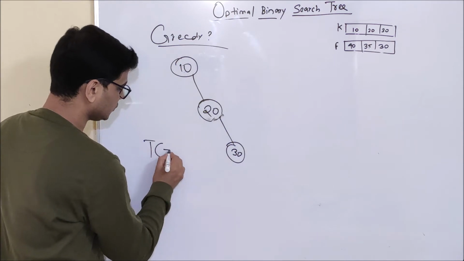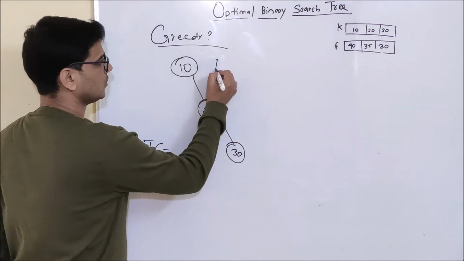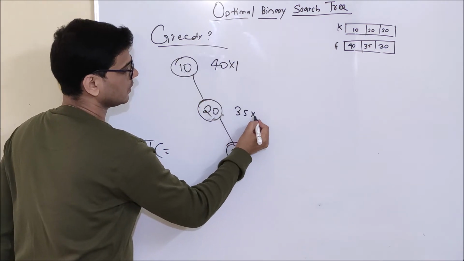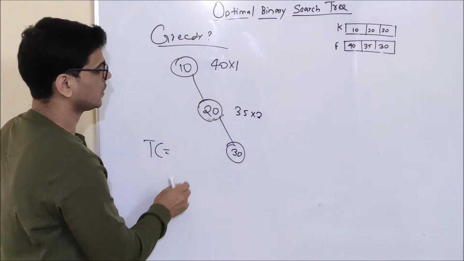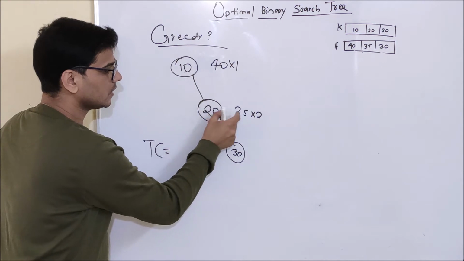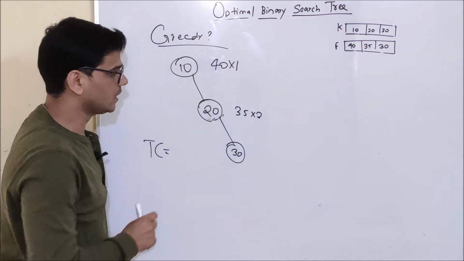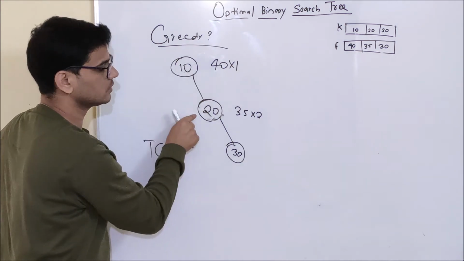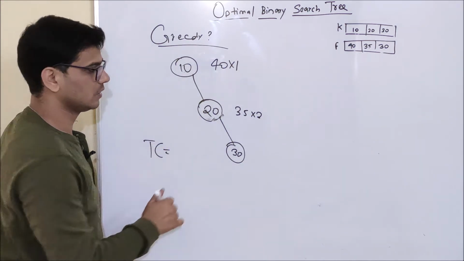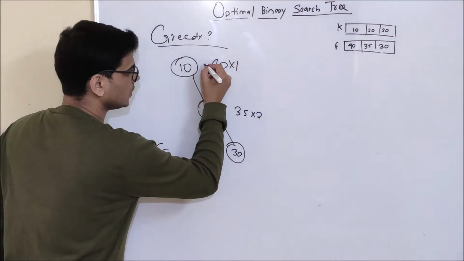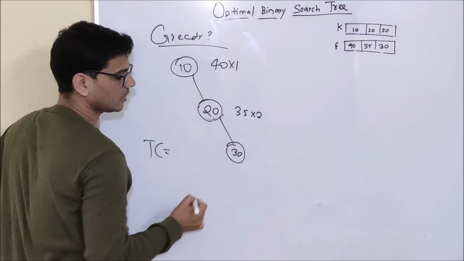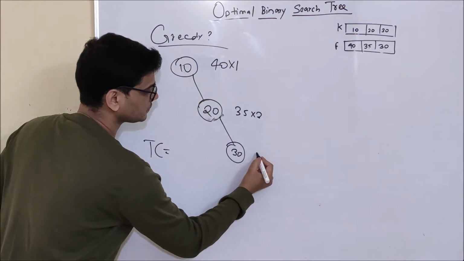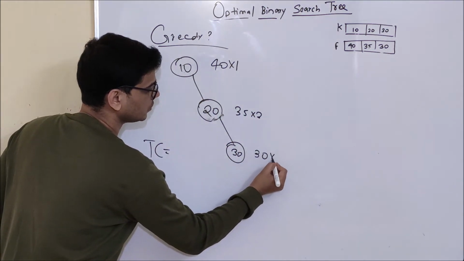What is the total cost here? Total cost will be 40 into 1, 35 into 2. Why? For 20, 35 is the frequency and we will reach 20 in 2 tries. That is, we will check here, and then here we will find 20. And for 30, first try, second try, third try. So 30 into 3.